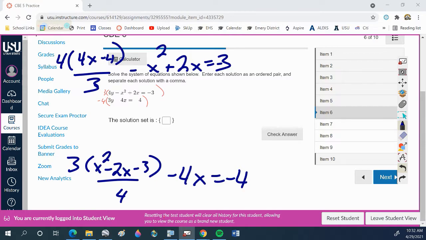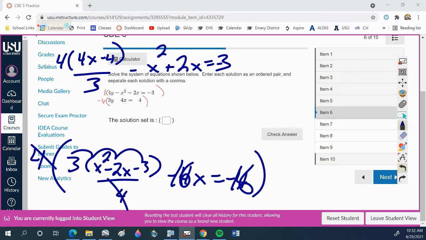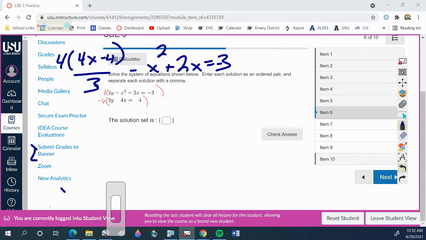Okay, so any one of these methods will work. If you did this one, times everything by 4, that cancels that, and this would become a 16, and this would become a 16, and then you would multiply the 3 in. But I think elimination is the way I want to do it because I don't have any fractions.